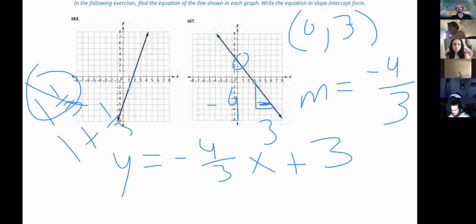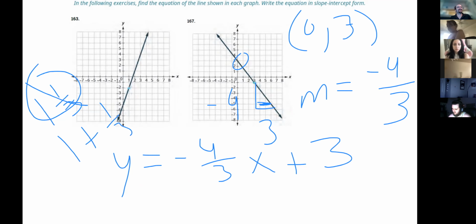Any more questions on this one? Yes, please. Teacher, is b equal to 3 or equal to -3? It's the y-intercept, 3. Yeah, the y-intercept should be +3. Yes, the equation is y equals -4/3x plus 3, right? Yeah, that's it. Okay, perfect.